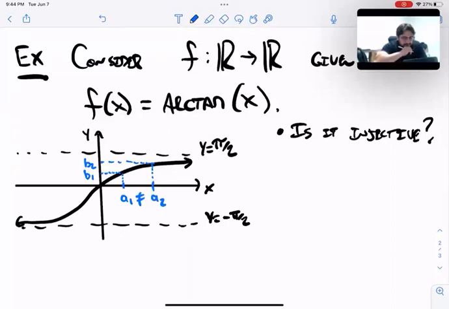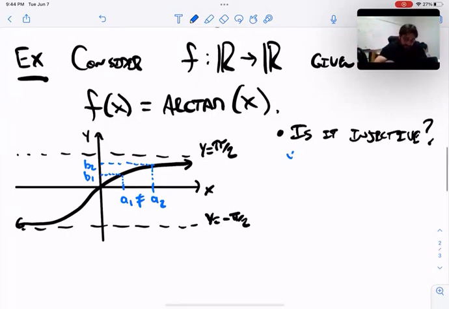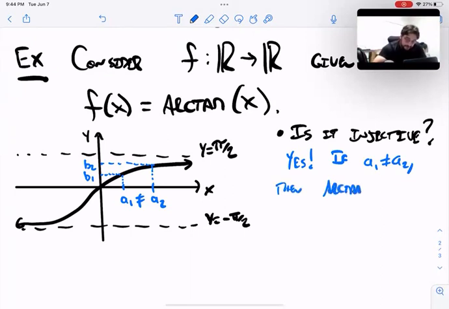Are B1 and B2 necessarily distinct just because A1 and A2 are? And the answer here is absolutely yes. If A1 and A2 are distinct, then arctan of A1 is going to be distinct from arctan of A2.